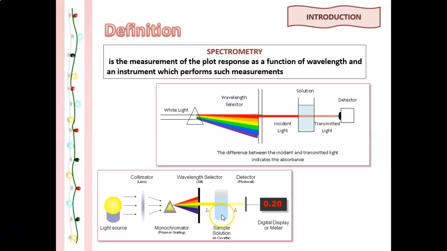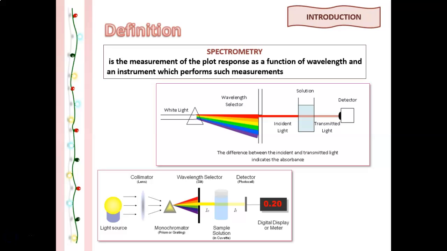In our solution, which is our compound to be analyzed, it contains molecule atoms that vibrate when they absorb light. And then the reading of the molecule is by which wavelength it absorbs, which is indicated by the color figure that will display on the graph.